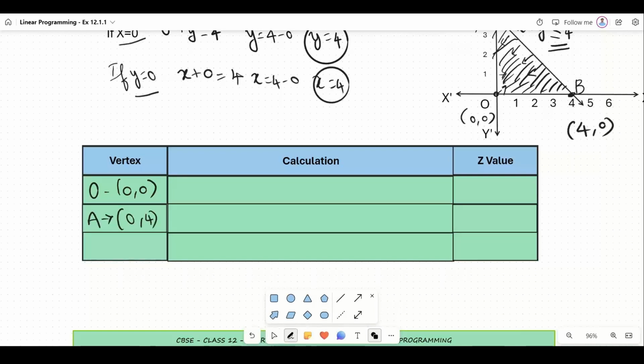You can also interchangeably write that, so you can name this as A and the other one as B. That shouldn't be a problem.